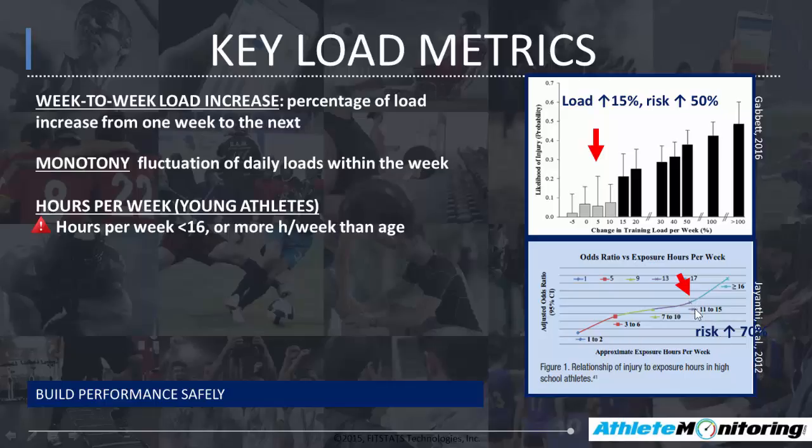He found that for high school athletes, when the overall training volume exceeds 15 hours per week, the risk increases a lot, by up to 70% if you go over 16 hours per week. So that's very, very important to keep in check when you work with young athletes.